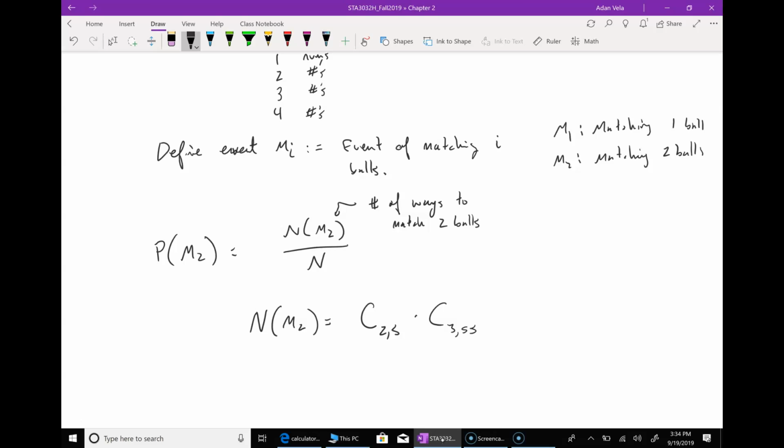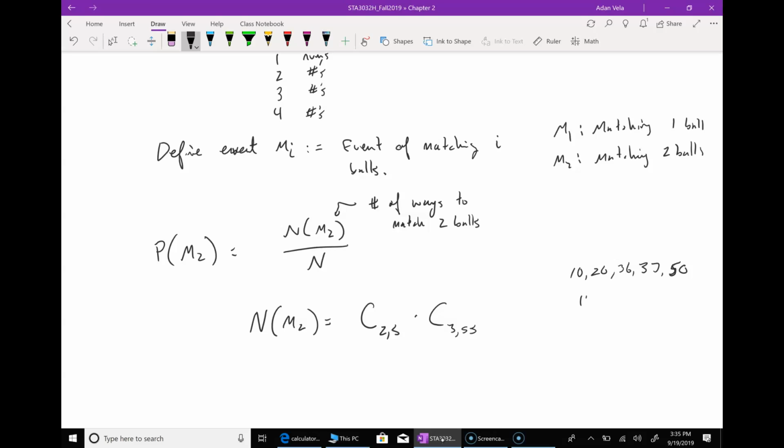Okay, so let's break this down again. I've drawn 5 numbers. Of those 5 numbers, 2 are going to match. Again, we can come up with a silly example. 1, 2, 50. Let's say these are my 5 numbers, and I told you 2 are going to match.